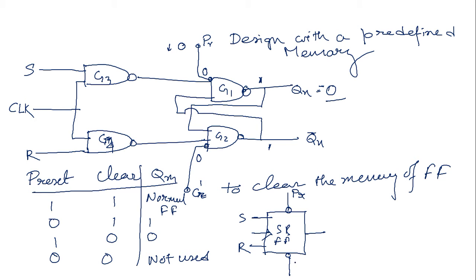This circle is provided due to active low, and this one is clear, and these are Qn and Qn complement. This is the block diagram of the SR flip-flop with preset and clear.